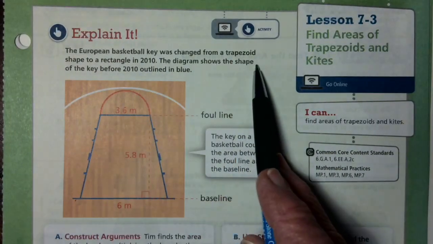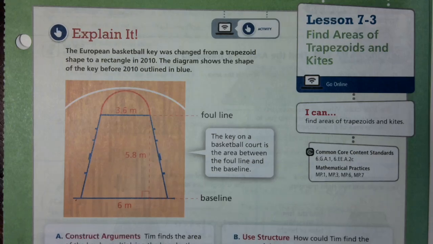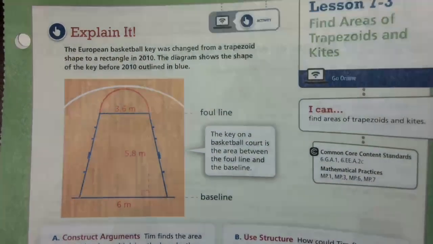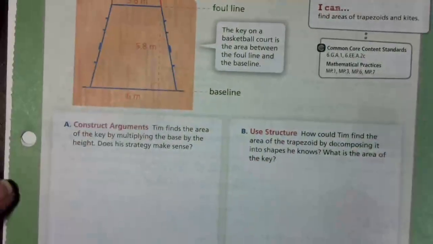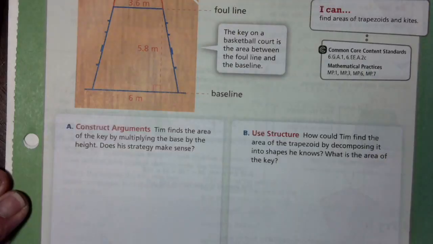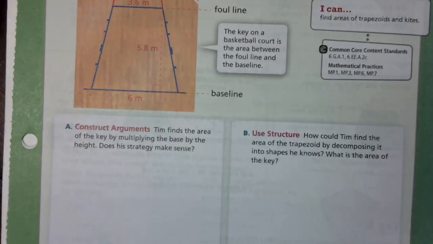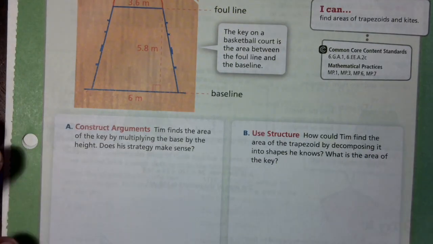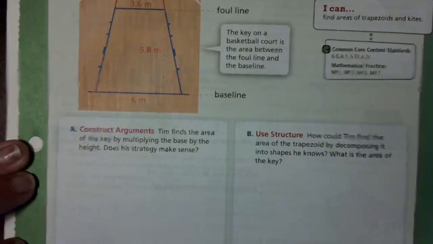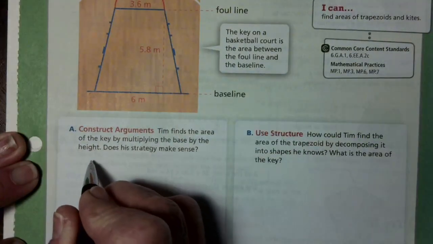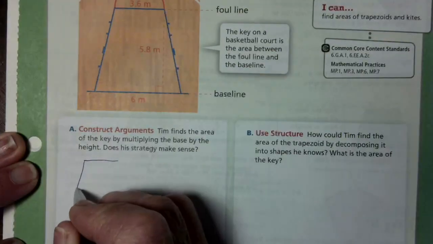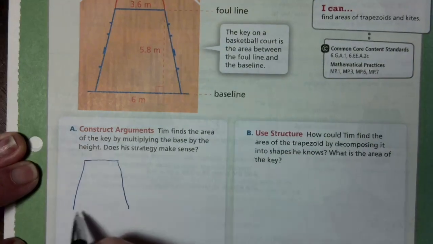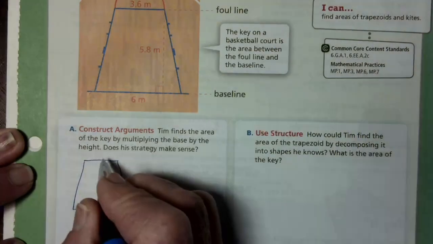Diagram shows the shape of the key before 2010 was outlined in blue. Tim finds the area of the key by multiplying the base times the height. Can he do that? No, we can't do that because it's not a rectangle. Okay, so let's redraw it right here. It actually looks like this, which is a trapezoid.